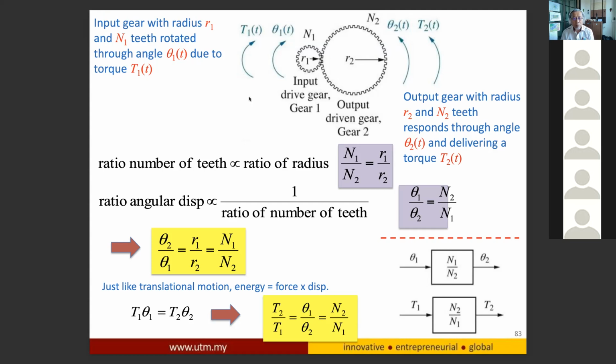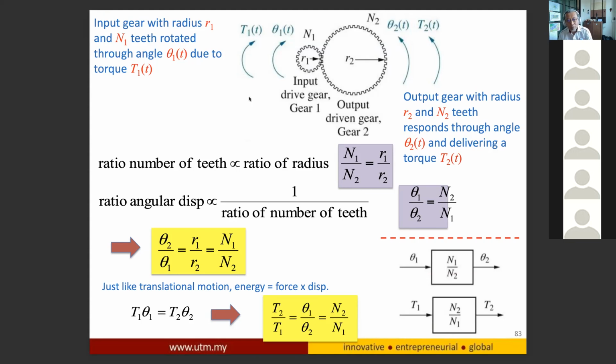So the input drive gear and output drive gear have the same concept: different radius, different number of teeth, and the directions of the angular displacement and the torque are different, clockwise and anti-clockwise. So that is for the input gear and the output gear.